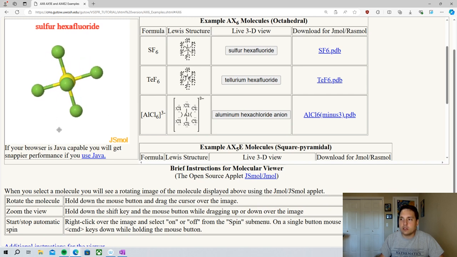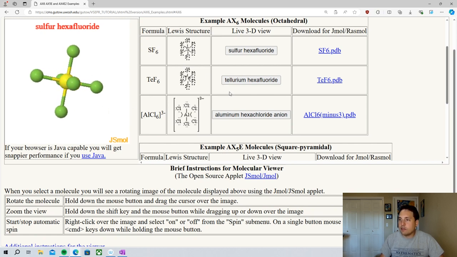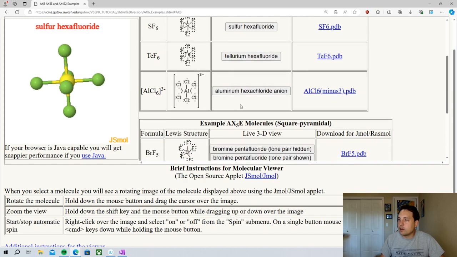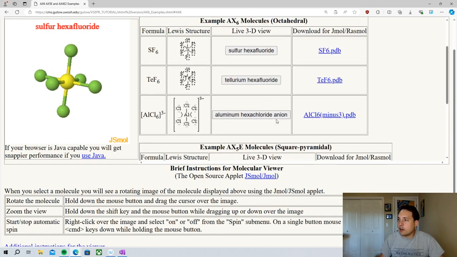So you can see it, four atoms there, 4 atoms there in the same plane. Each of these are going to be 90 degrees away from each other. And there's a lot of different molecules that actually have this octahedral notation. It's very common. Sulfur hexafluoride, tellurium hexafluoride, the aluminum hexachloride anion are just a few examples of that.